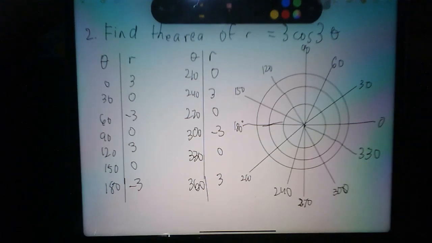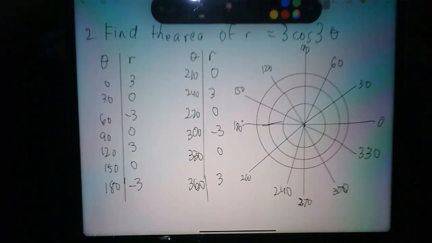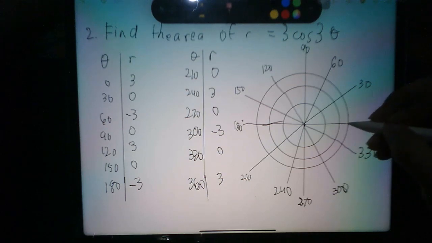Now, if our angle is 0, our r becomes 3. Put it here first. Our first point is here.